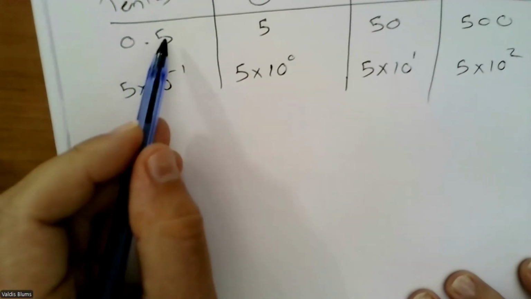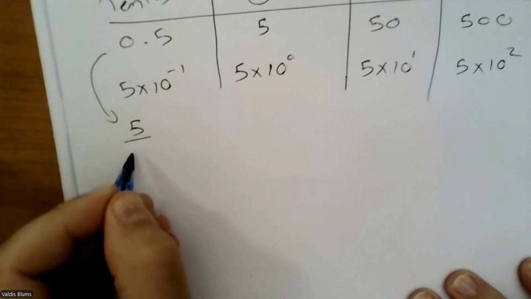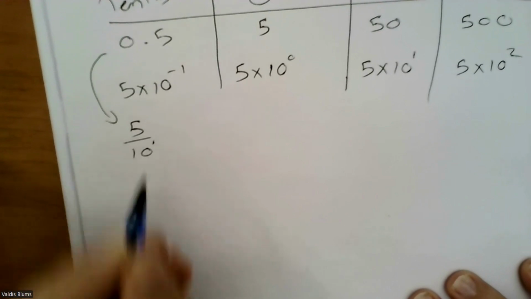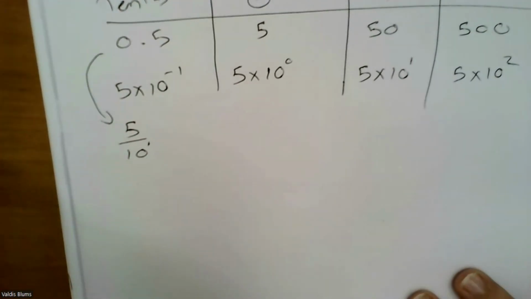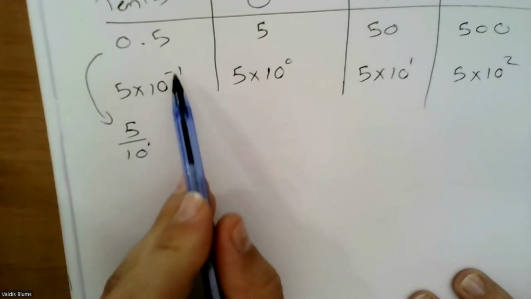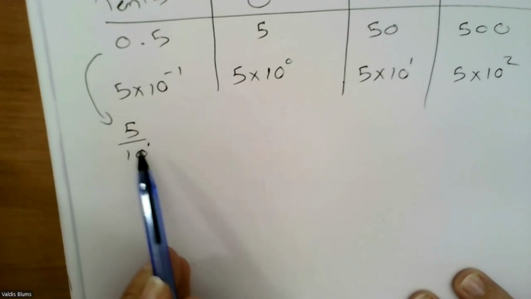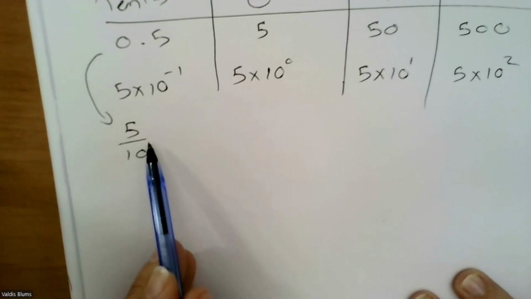Now, 0.5, another way that you can get that is by saying 5 divided by 10 to the power of 1. So we have this in scientific notation as 5 by 10 to the negative 1. But in this form, we have a positive power, but it's on the denominator.